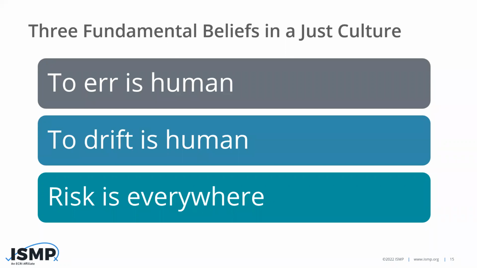Number 2, to drift is human, right? All of us make unsafe behavioral choices on this call. Whether you admit to it or not, many of us, a great example is texting while driving, going over a speed limit by 15 miles per hour, are examples of behavioral choices you made, and that's what we call drifting. And lastly, risk is everywhere, especially medication use. Isn't just getting medication in itself risky?